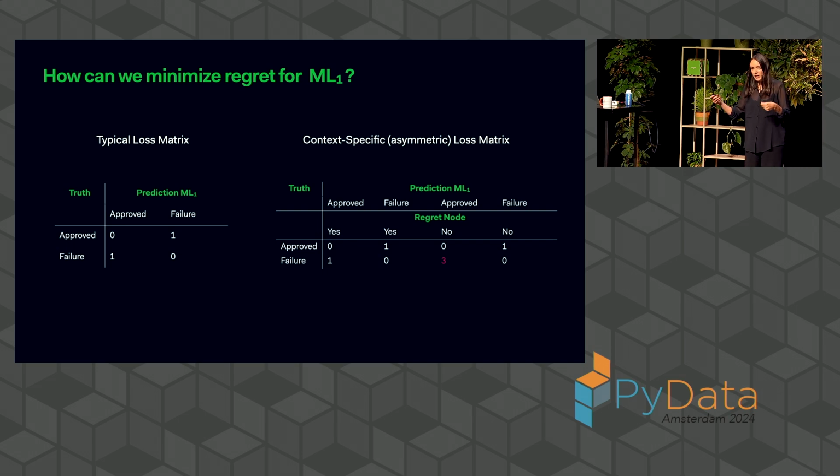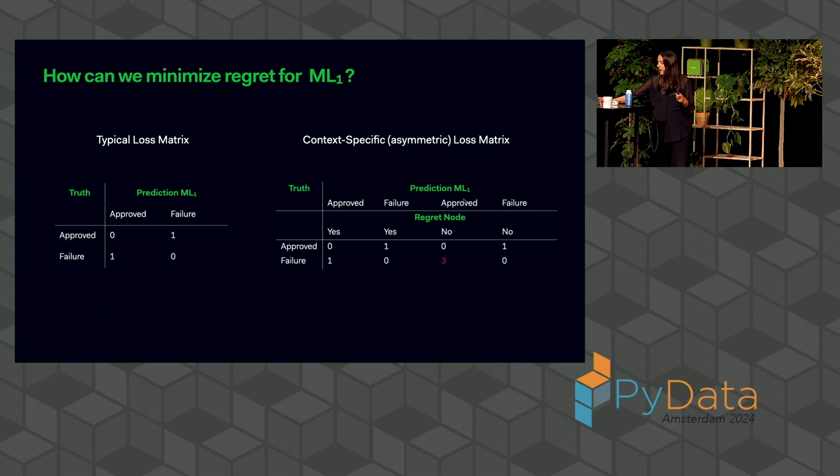For introducing regret, we need something a little bit more complex. So nothing that looks like this typical loss matrix. We need to introduce some more information into the loss matrix. So on the right side, you see something I would call a context-specific or also asymmetric loss function, loss matrix. So in this case, we have our ground truth and we have our prediction, but we also have some additional information about the regret nodes.